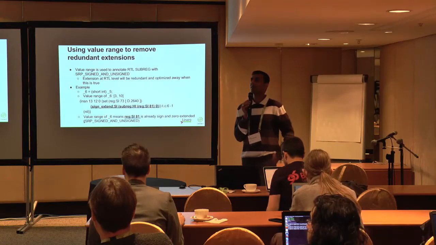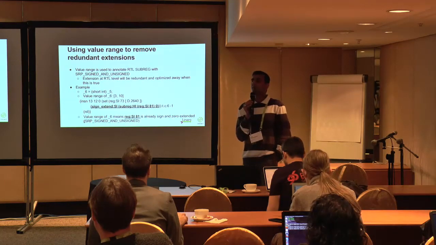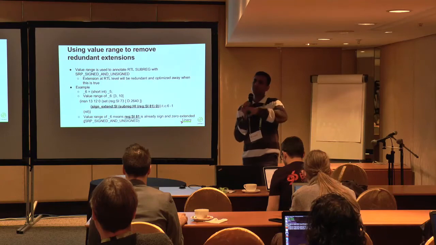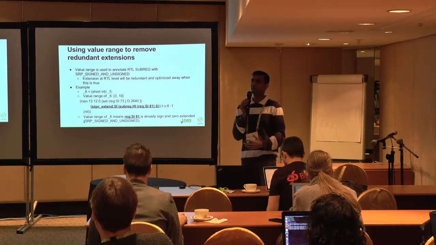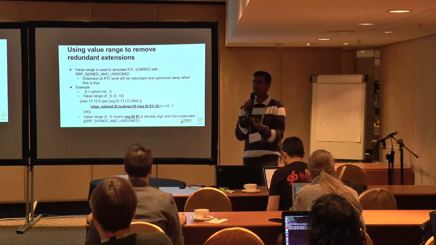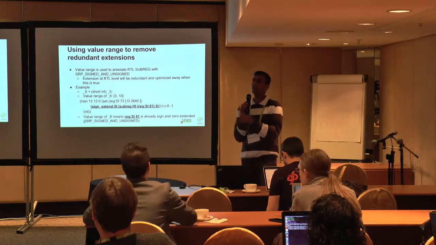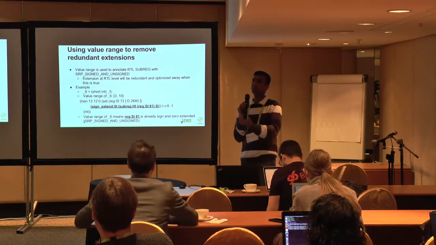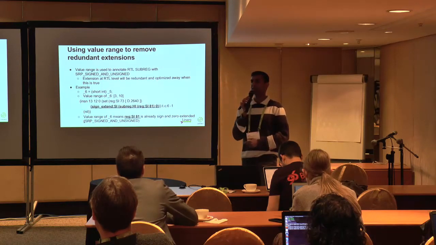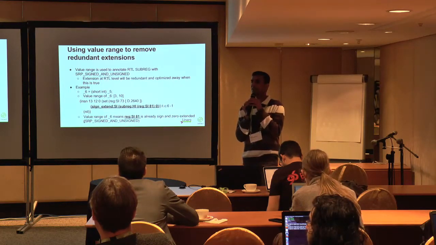Why was that information not already there at the RTL level? The problem was that most of the VRP-based optimization happens within the value range propagation pass itself, so nobody actually needed it. But now that we have propagated it, I know that some other passes are using it.